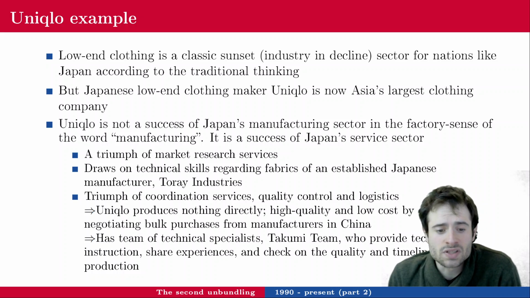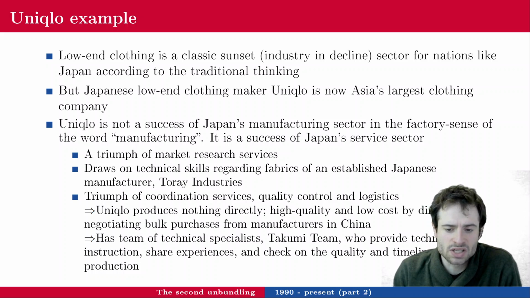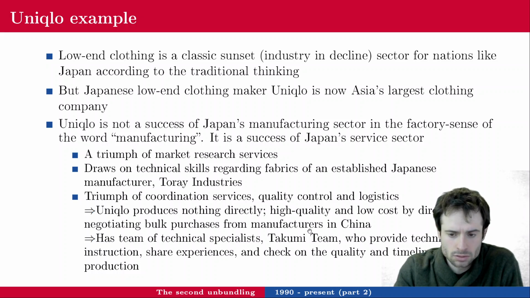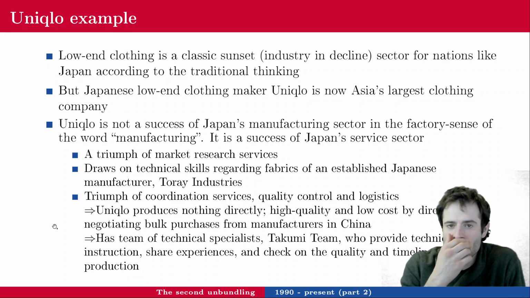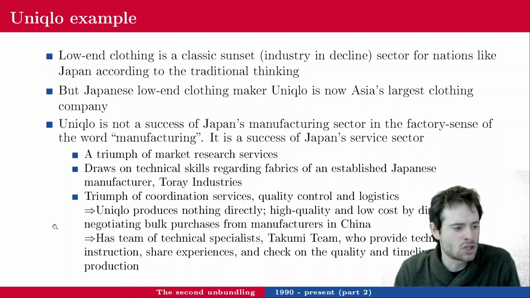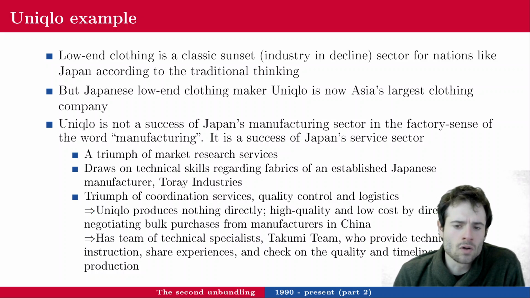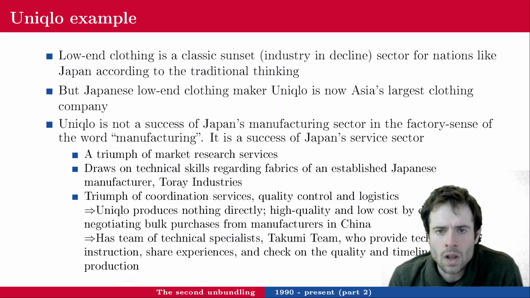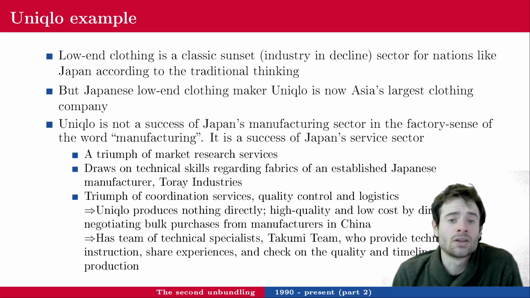The design and all those things actually happen in, wasn't it New York? Yeah. Uniqlo produces nothing directly. High quality and low cost come from directly negotiating bulk purchases from manufacturers in China. And they have technical specialists. They also have a marketing team, I believe, located in New York, to take care of the whole advertising, retailing and distribution aspect of Uniqlo.